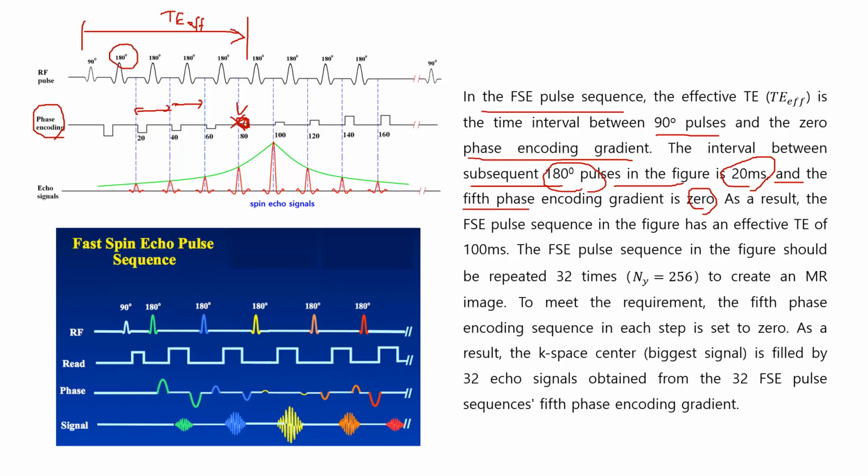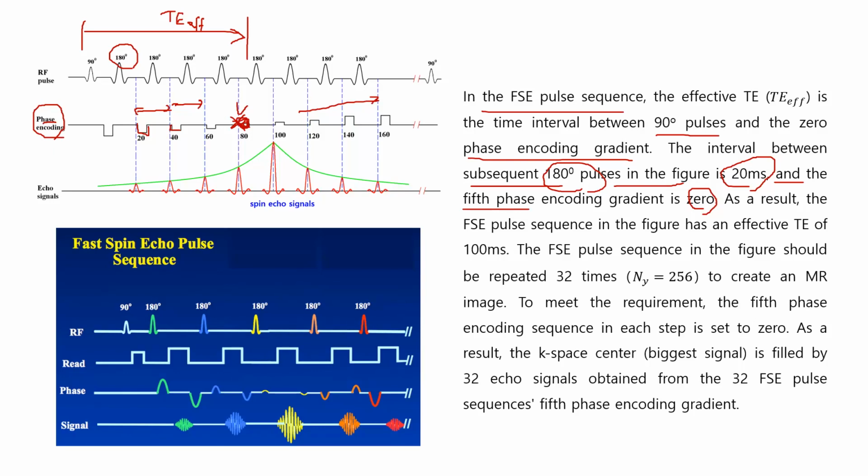Here minus 20, minus 40. This is a large slope, and a little negatively larger slope of phase encoding gradient. So this slope is slightly increasing, and here 0, no phase encoding gradient, and then the phase encoding slope is increasing slightly.